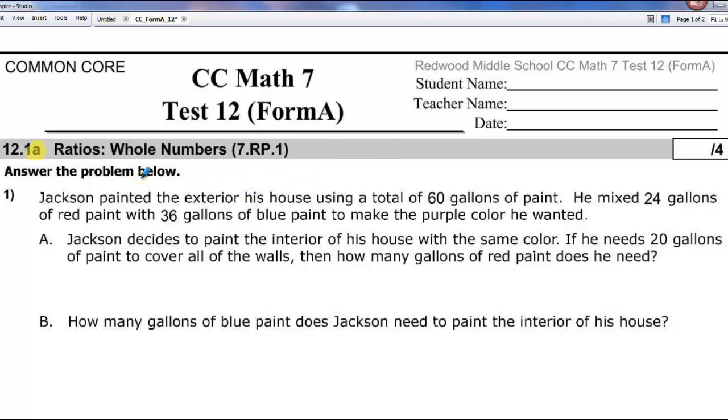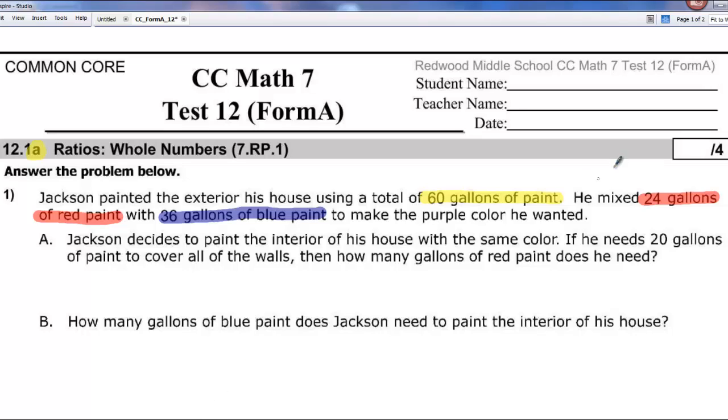So here's our scenario. Jackson painted the exterior of his house using a total of 60 gallons of paint. That was the total amount of paint that he used. Now that painted the entire exterior of his house. Of that paint, 24 gallons were red and 36 gallons were blue.